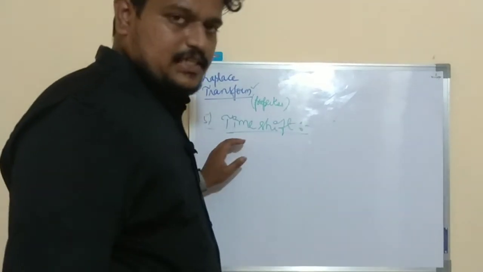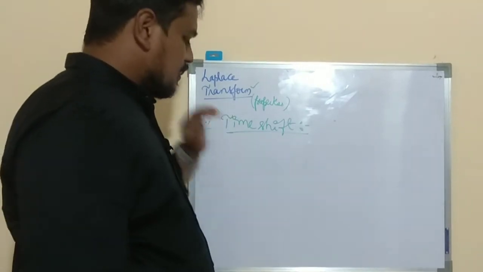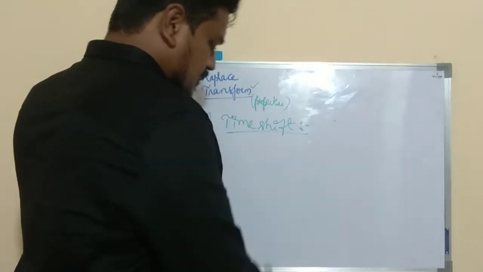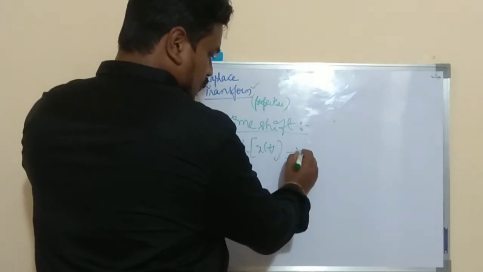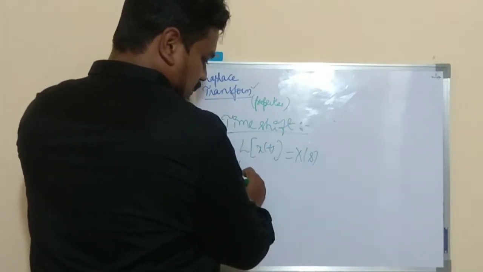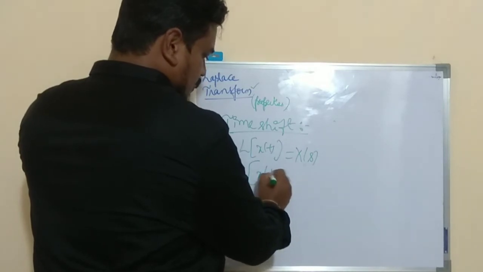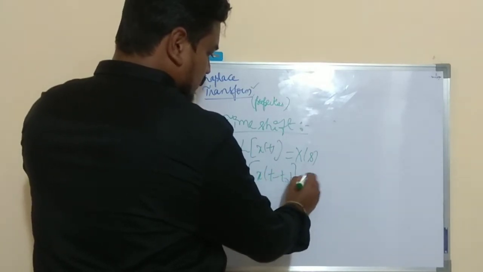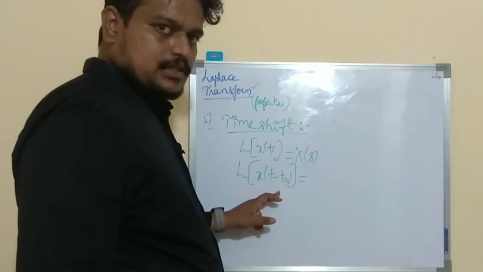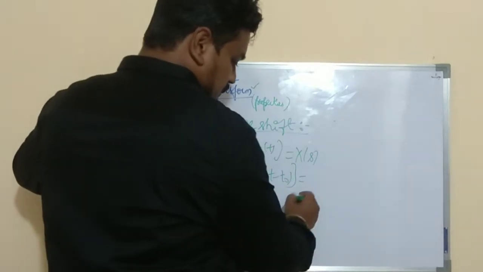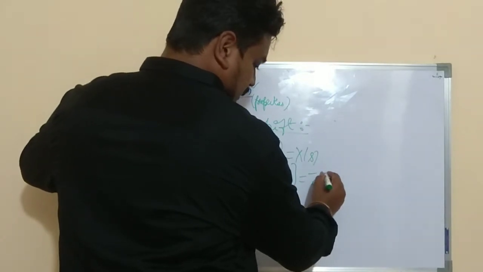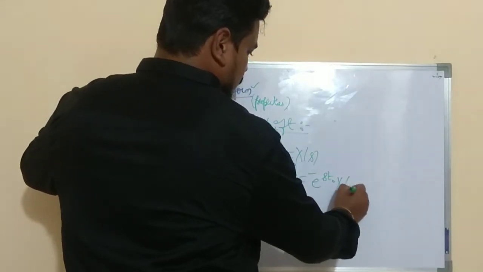The next property is the time shifting property. When the Laplace transform of x(t) is X(s), then the Laplace transform of x(t minus t0), the shifted version of time, becomes e^(-s·t0) times X(s).